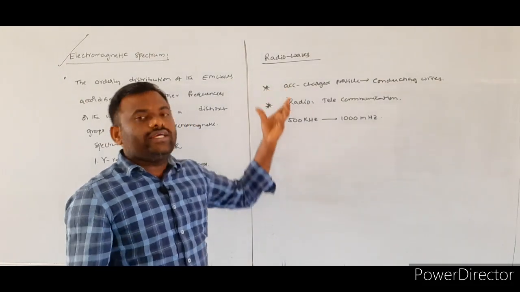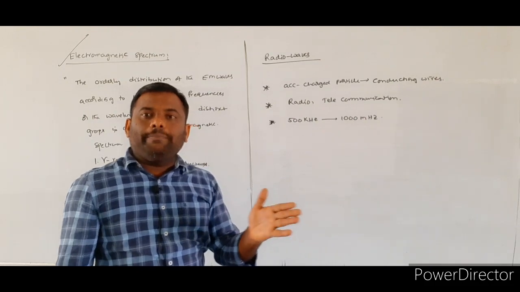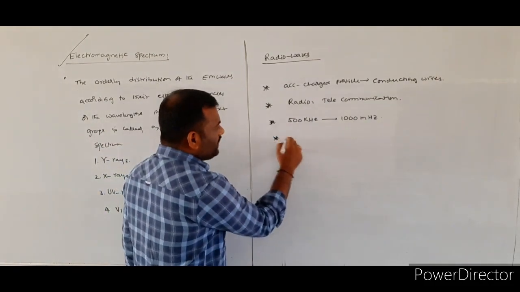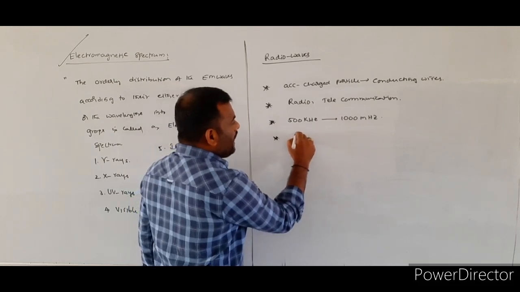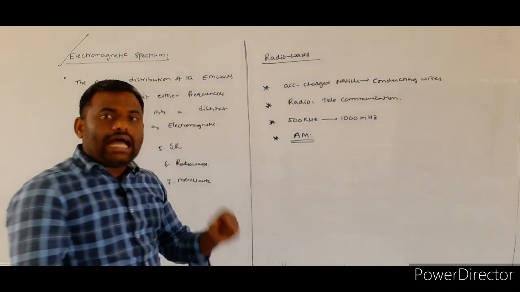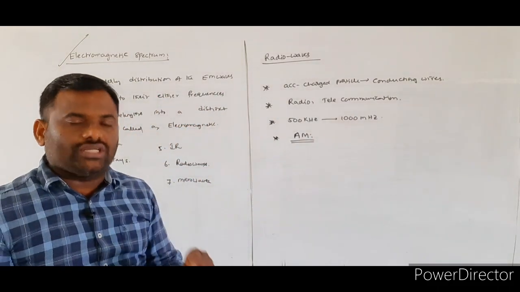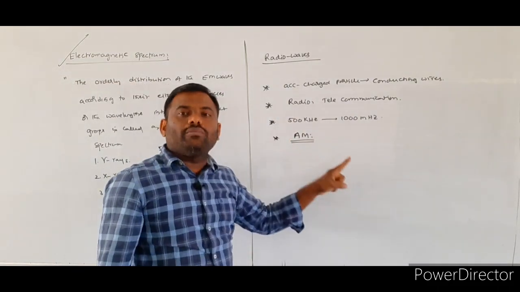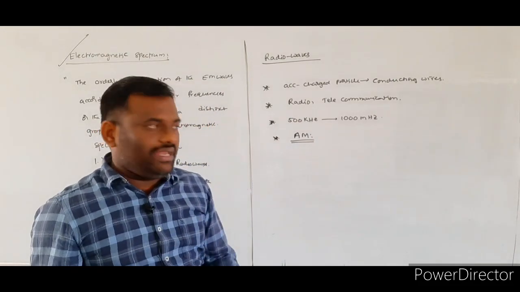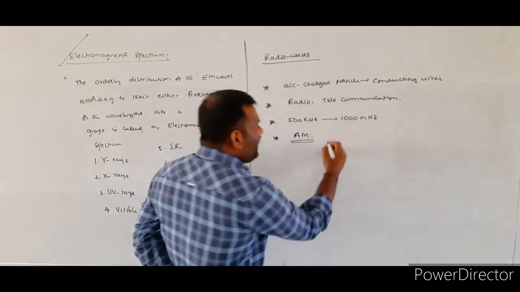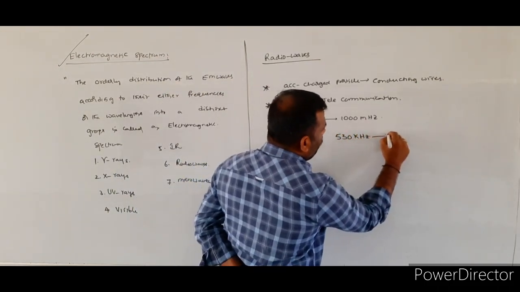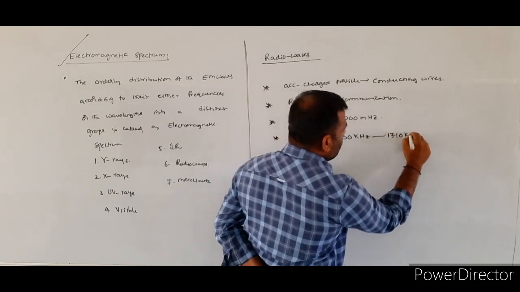Again, these radio waves are divided into different bands, different ranges of frequencies. The first one is amplitude modulation. For amplitude modulation communication, we have to choose frequencies between 530 kilohertz and 1710 kilohertz.